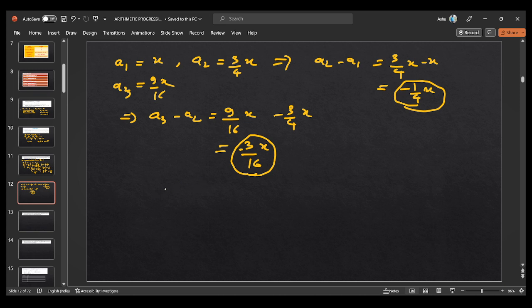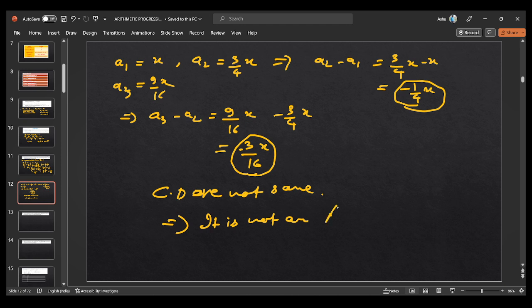That means the common differences are not the same. So it is not an AP, arithmetic progression.